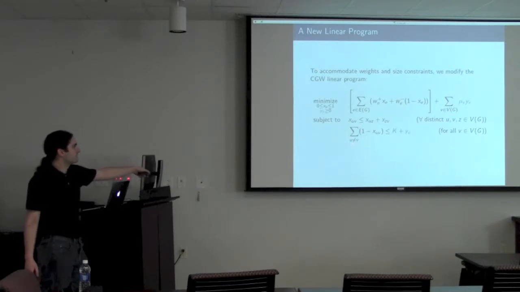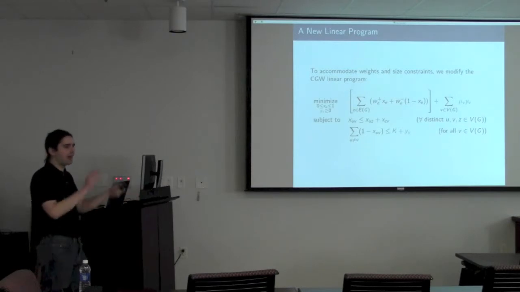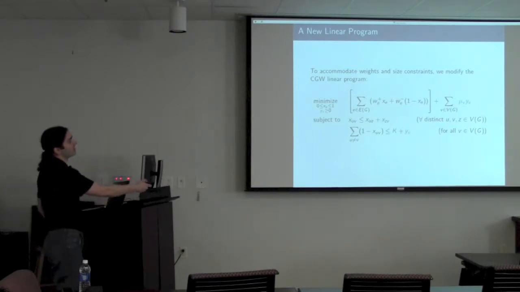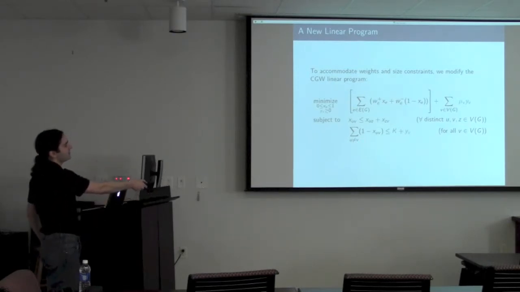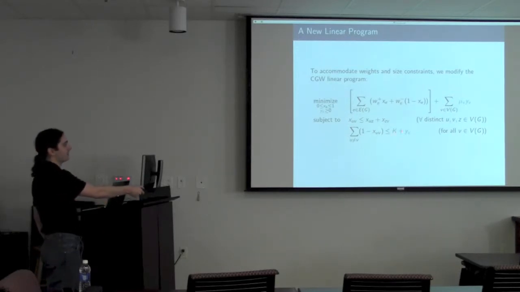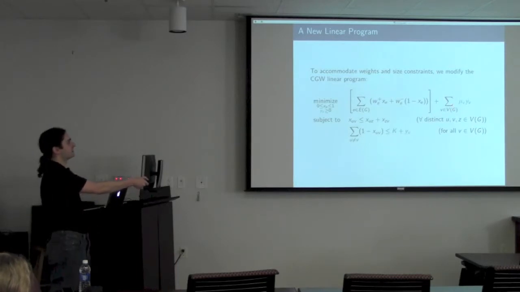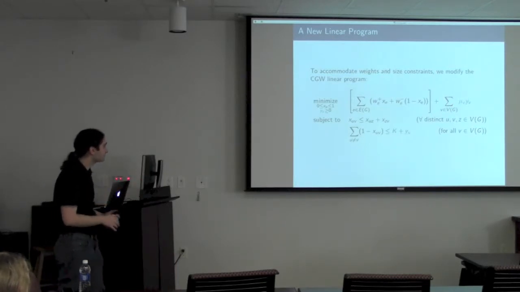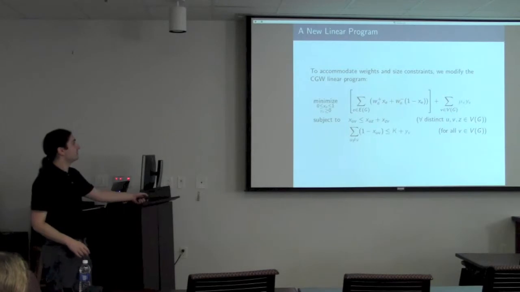And this just enforces that y sub v really does model how badly you break your cluster. Again, if you think about an integer solution, this sum here for any particular v is just the number of things that you cluster v with. So if you have more than k neighbors, you're going to have to make y sub v positive and suffer in your objective function. So this gives you a new linear program.